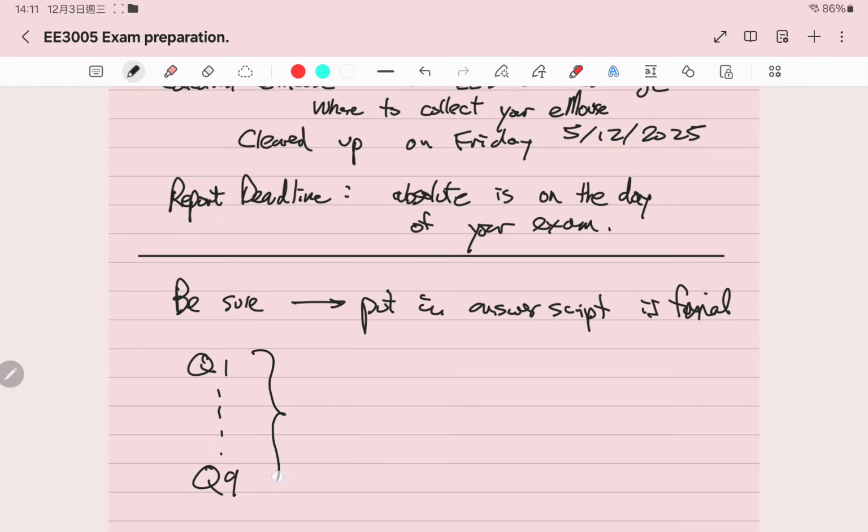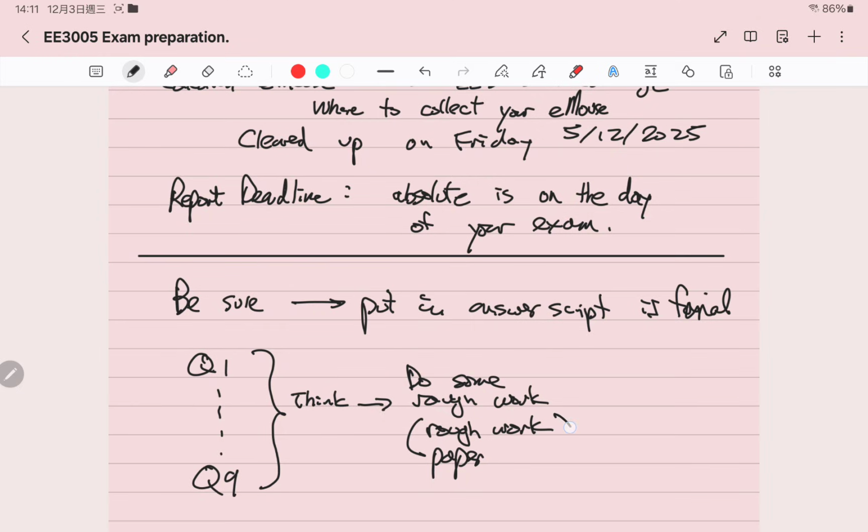But what you should do is, whenever you read a question, you think about it and then do some rough work. I will provide a few sheets of rough work paper during the exam.